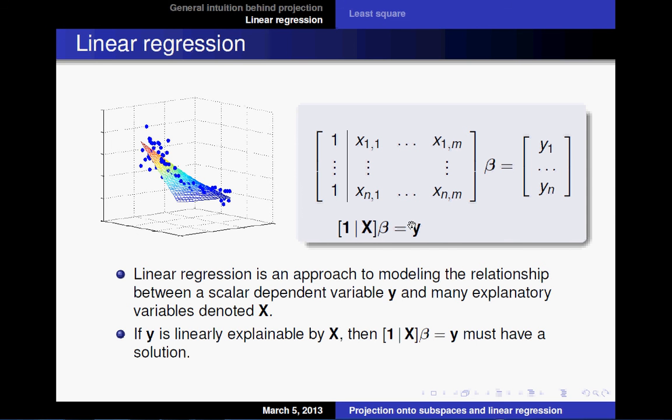So if the vector y is linearly explainable by x, by those variables, then this system must have a solution.